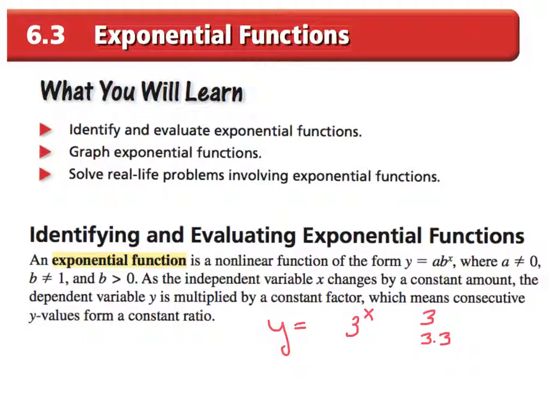If you had x as 2, it'd be 3 times 3. If x was 3, it'd be 3 times 3 times 3. If x was 4, it'd be 3 times 3 times 3 times 3. This is tripling every time. You are multiplying by a constant factor. In this case, the constant factor is 3. It's tripling every time.